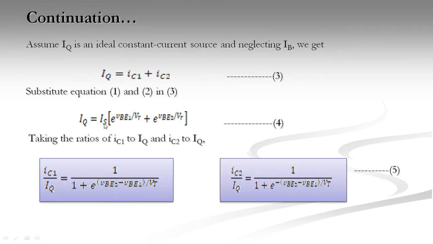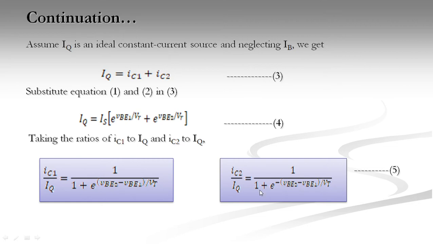From both terms, Is gets cancelled, and if we bring the numerator to the denominator, we get the ratio IC1 divided by IQ as 1 divided by 1 plus e power VB2 minus VB1 divided by Vt. Similarly, the ratio IC2 divided by IQ can be written as 1 divided by 1 plus e power minus VB2 minus VB1 divided by Vt.